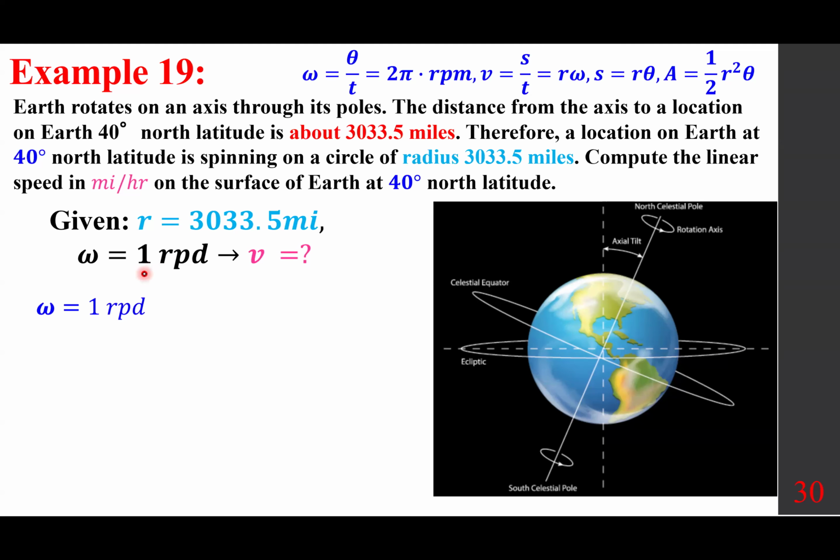So that's the first thing we want to do, go with radians, everybody. And of course, a day has 24 hours, so we divide by 24, and it becomes pi over 12 radians per hour.